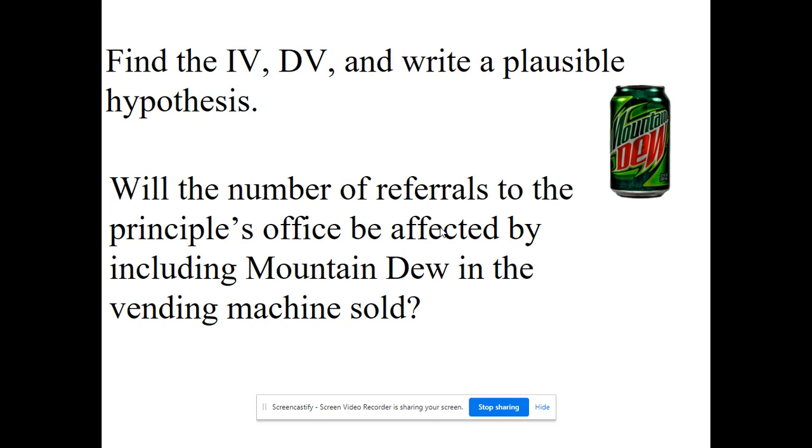So we might write a hypothesis that if Mountain Dew is included in the vending machines, then the number of referrals to the principal's office will increase. And so that is how to pick out the independent variable, dependent variable, and how to write a hypothesis.